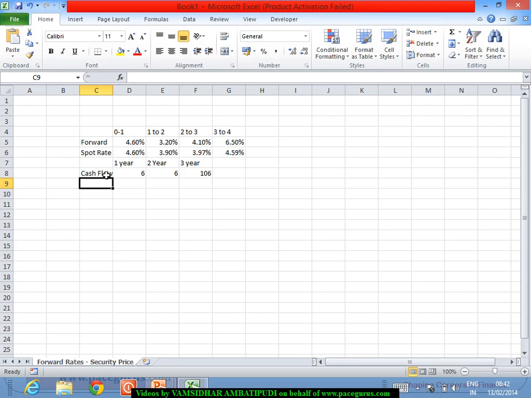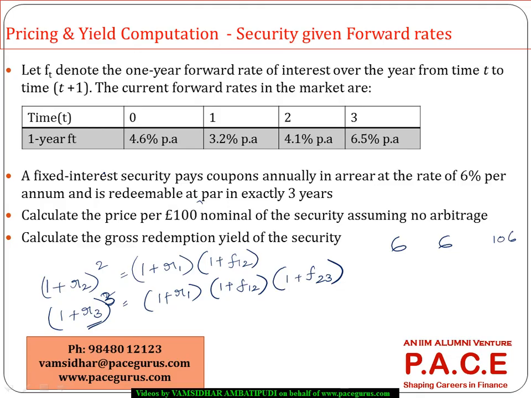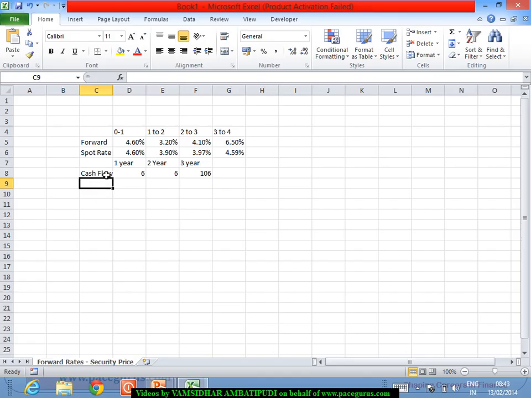What I can do is discount each of these cash flows by their spot rate. To find the present values, this 6 I will discount by 1 plus the spot rate for 1 year. Then this cash flow I will discount by 1 plus the 2-year spot rate squared.